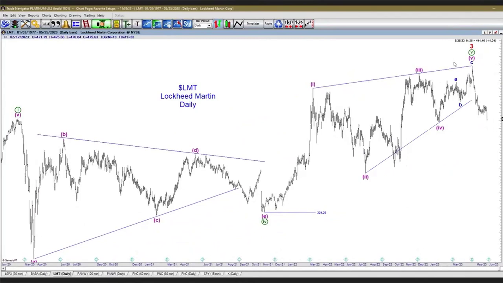So you draw your trend lines here, and you need to make sure that in most ending diagonals, the 5 is shorter than 3 and 3 is shorter than 1. So you need to make sure that 5 does not exceed the length of wave 3, because that would blow that count. So you have to know the rules, and you have to apply them correctly.